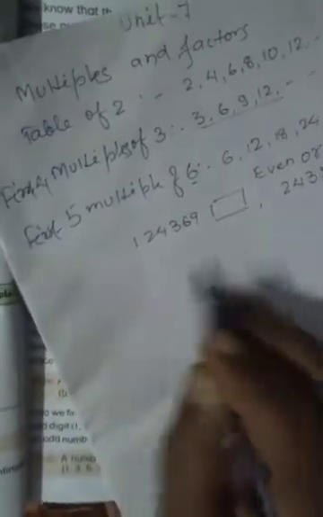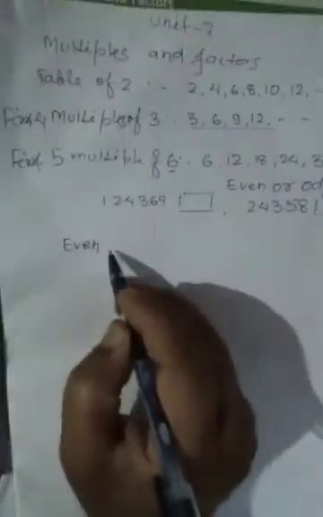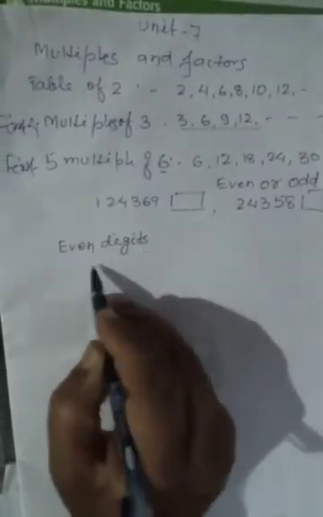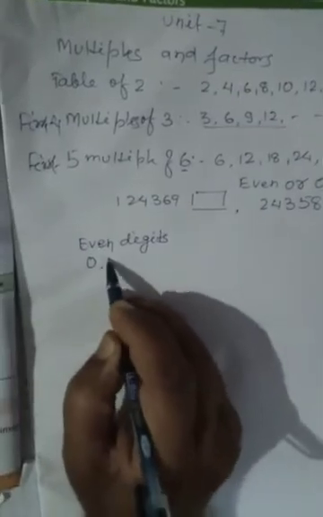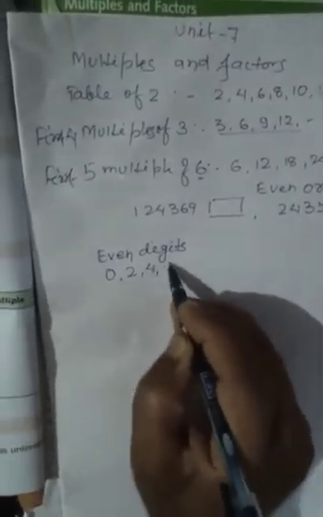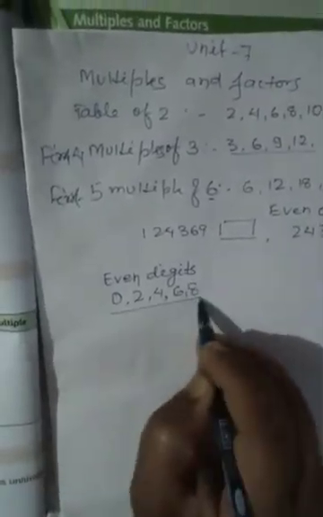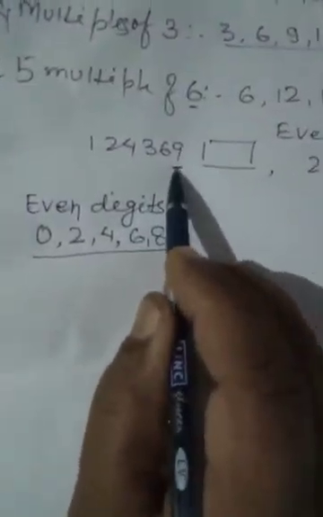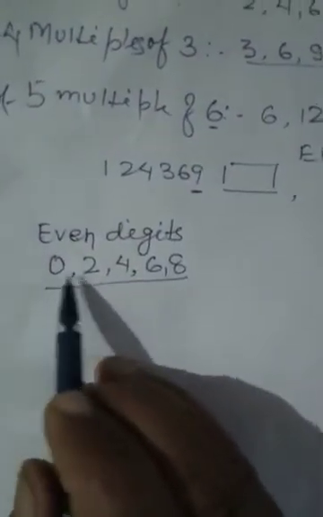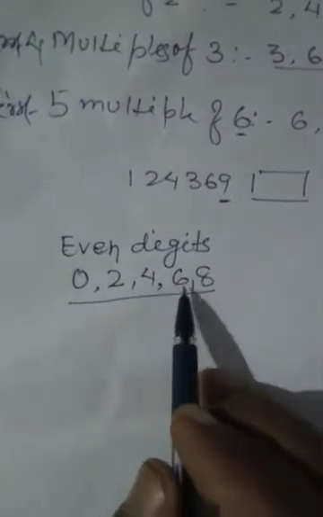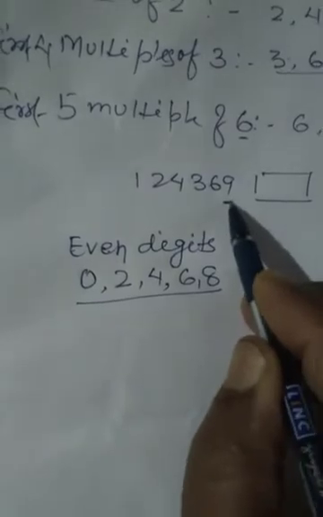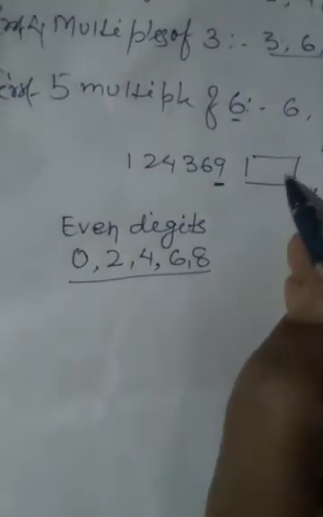See here, even digits, what I told you. Learn, try to understand. Even digits are 0, 2, 4, 6, 8. If a number has 0 or 2 or 4 or 6 or 8 at its ones position, it is even. But here it is odd. 9 is an odd digit at the ones place.